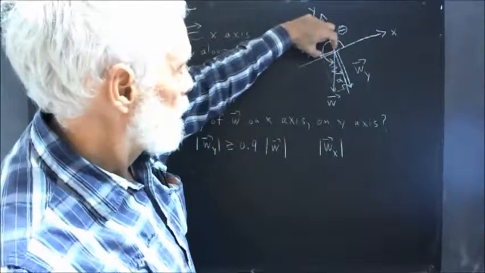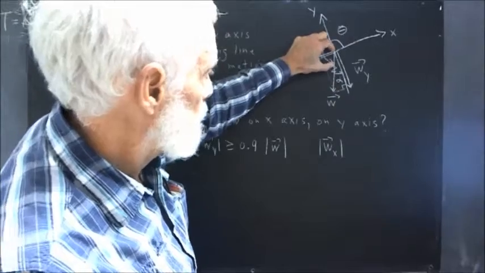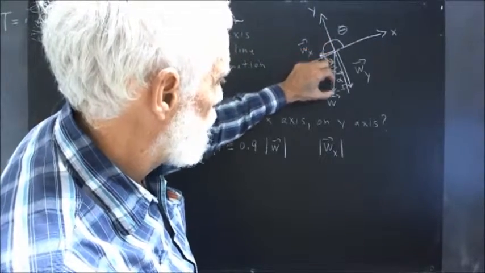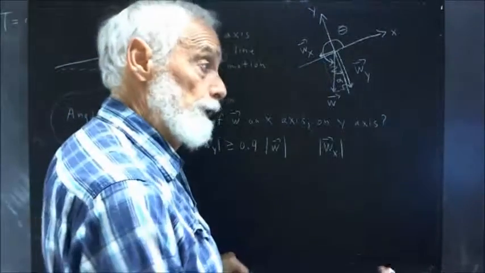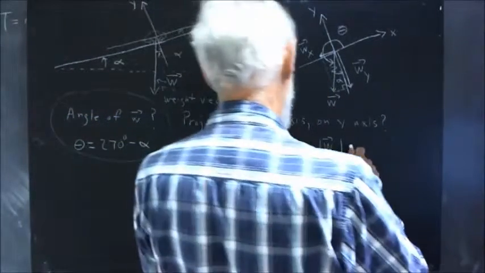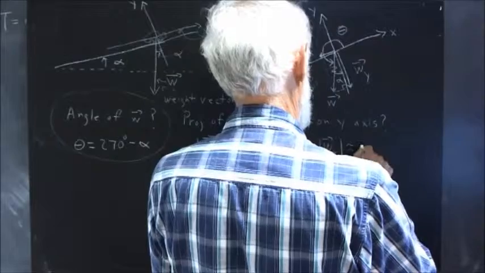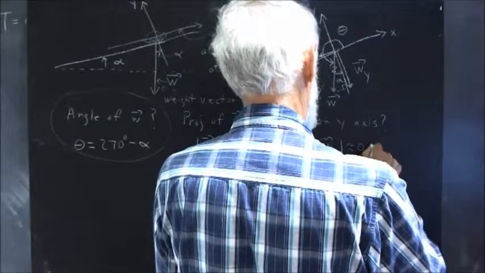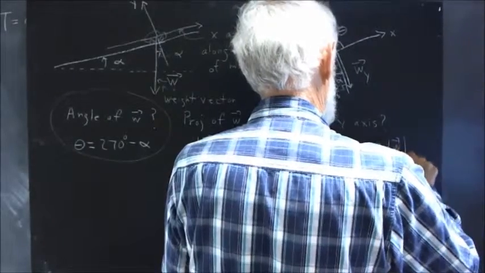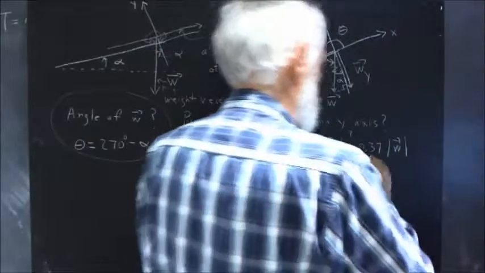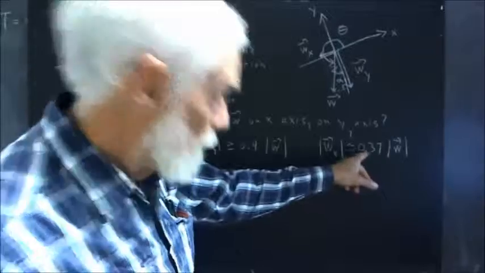If we look at the WX vector, we can do it here, we can do it here, we can almost do a third one. I'd say it's somewhere in the 35 to 40% range. So maybe about 0.37 times, or 37% the length of the W vector.